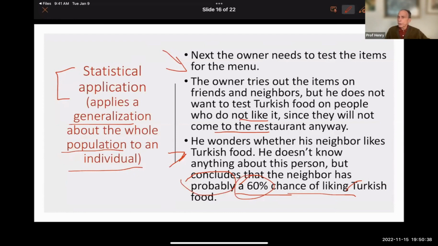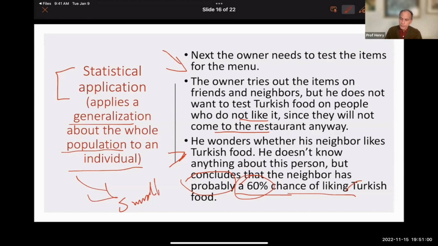Now, if you go to another neighborhood and 90% of the people speak Turkish, then your conclusion that this person speaks Turkish has a higher conditional probability. So this is where you go from the general down to the small sample size.